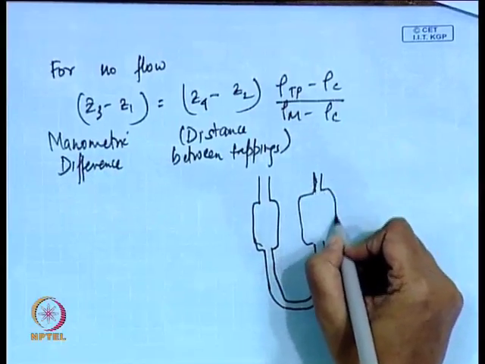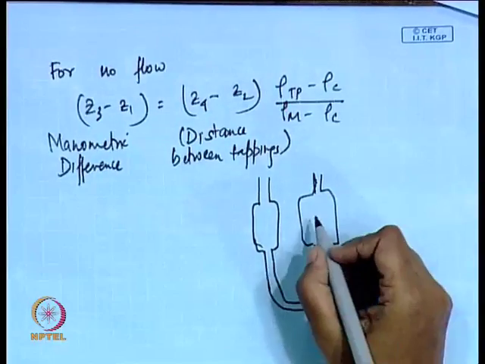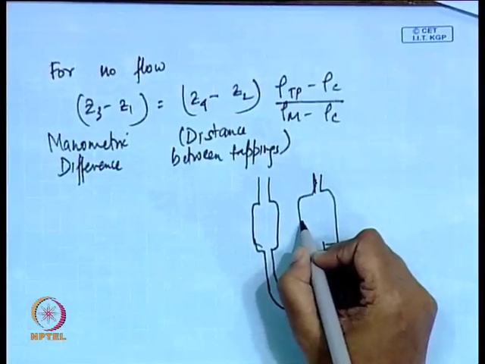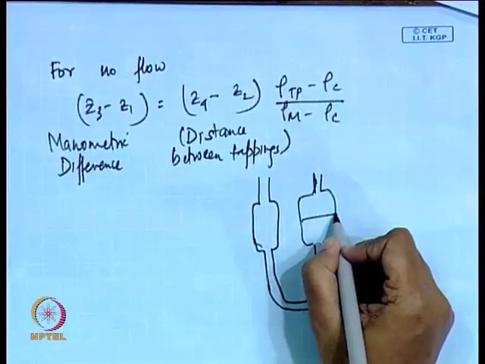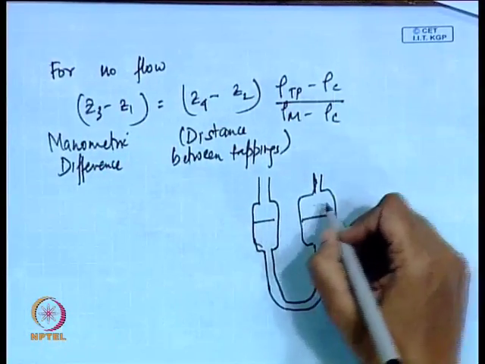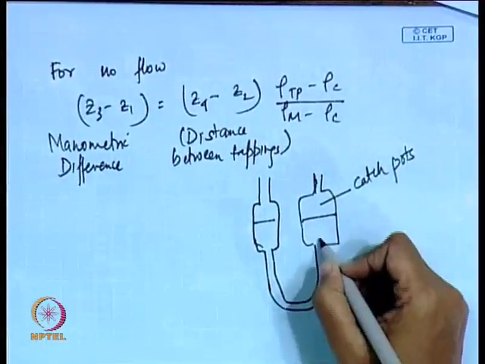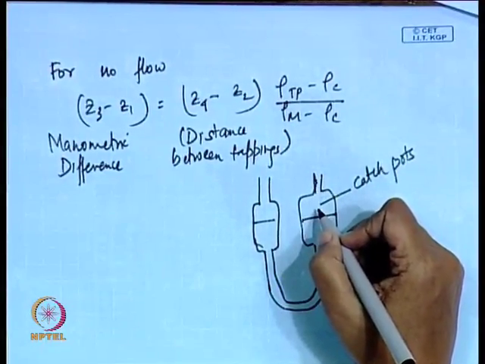This is usually the manometer which is made. Why do we do this? Because whenever the liquid tries to come up, at least here the level rise will not be much. These are known as catch pots, where the manometric liquid meets the tapping line liquid.